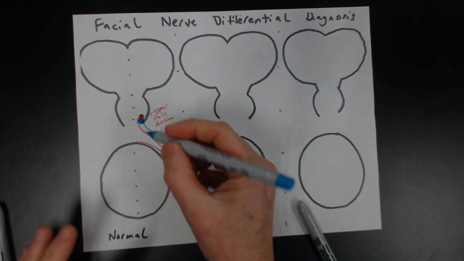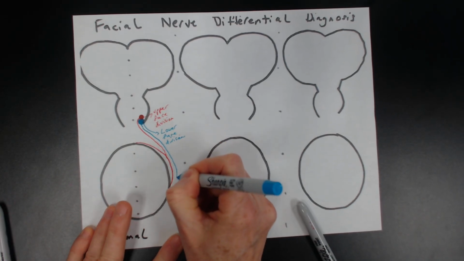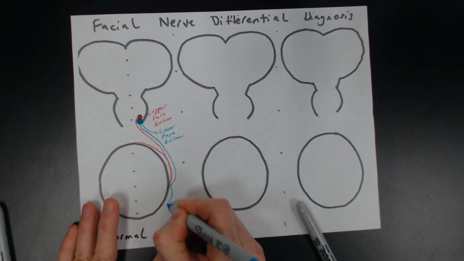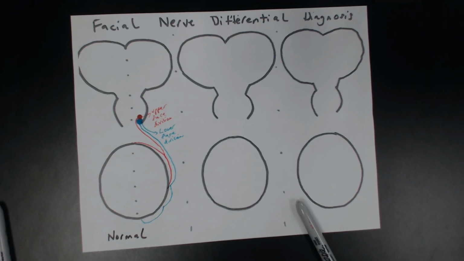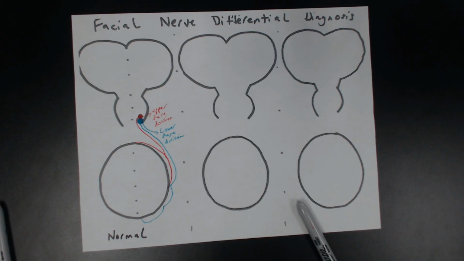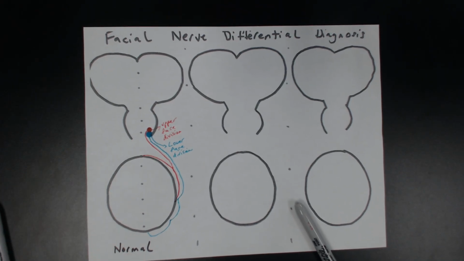And there's also the lower face division, which sends out axons that innervate the lower part of the face. See what I'm doing?